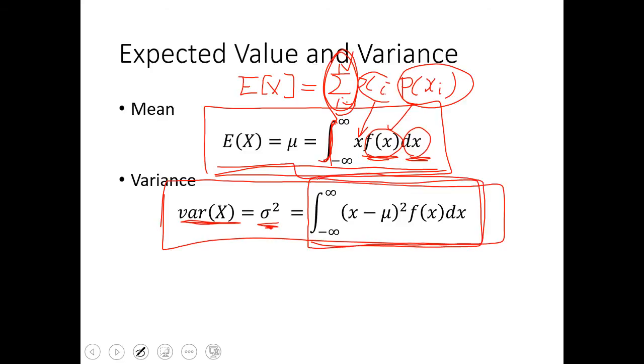Otherwise, you cannot say that you have studied statistics. That is the integral from minus infinity to infinity of (x minus the mean, x minus the expected value) squared times the probability density function dx. So that is the equation for the variance.